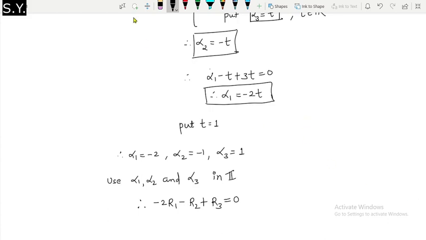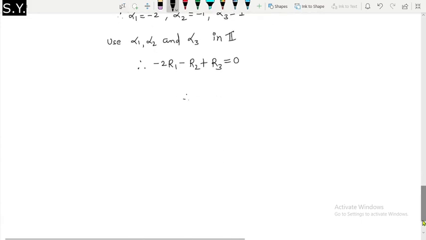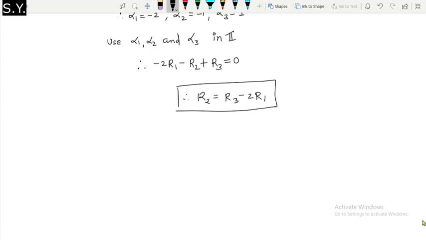Now let us find the value of R2 with the help of this. So what will be my value of R2? Therefore my R2 will be R3 minus twice R1. So I am going to use this value of R2 in equation 1. Therefore what will be our row space R?